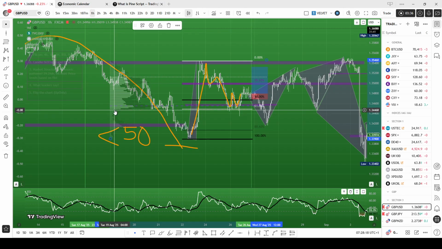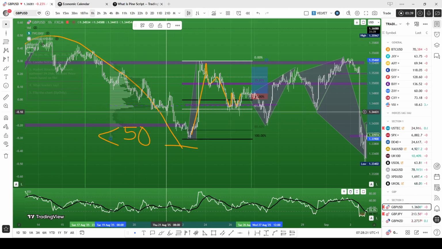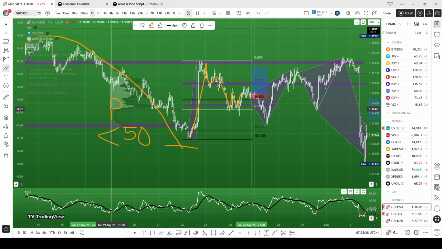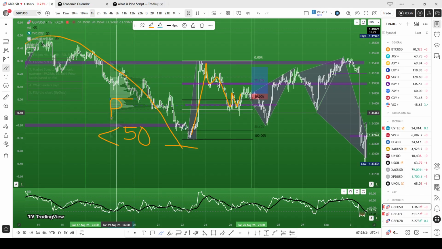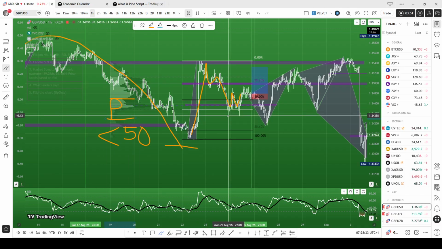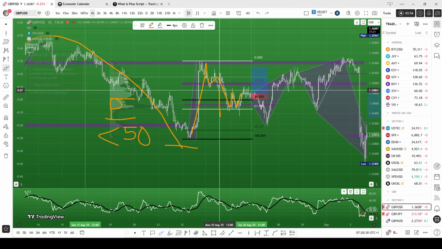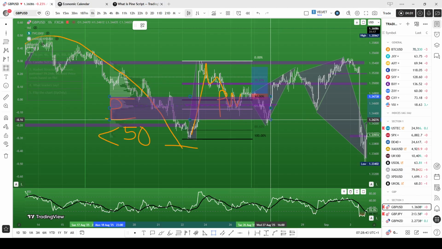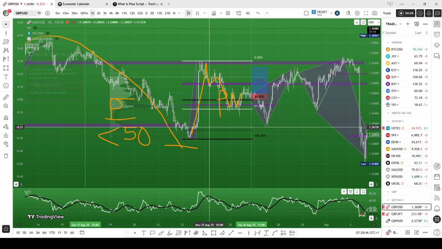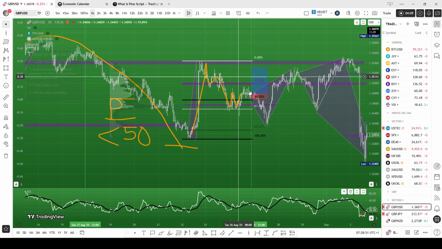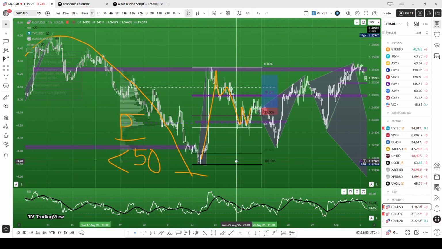Yeah, if we look at this like that, we can see that there is a P shape in this area. So we might actually expect price to drop a little bit instead of instantly going up.